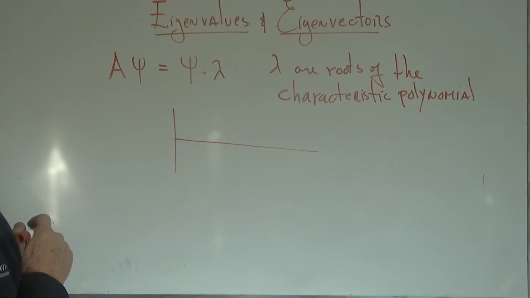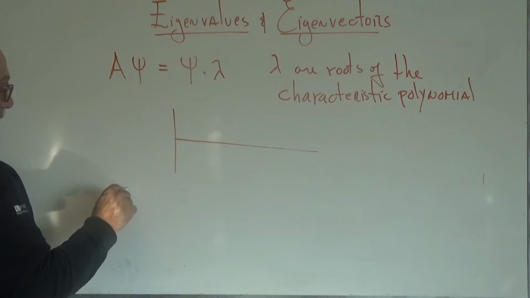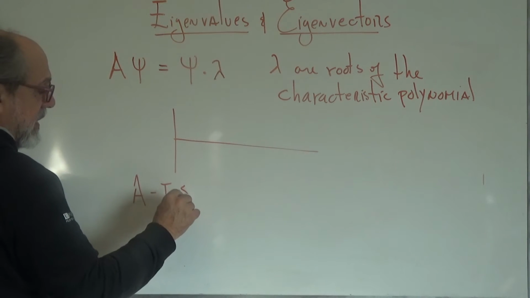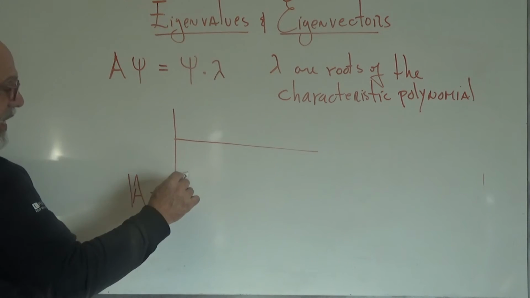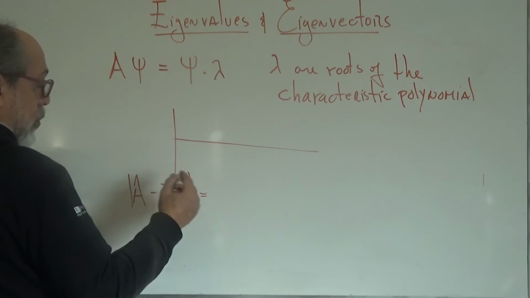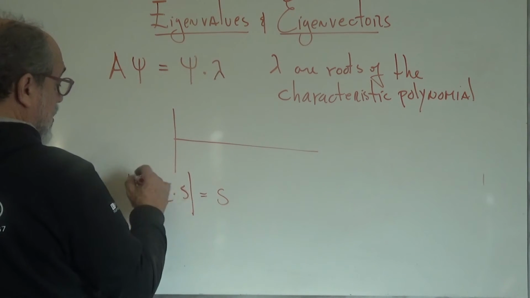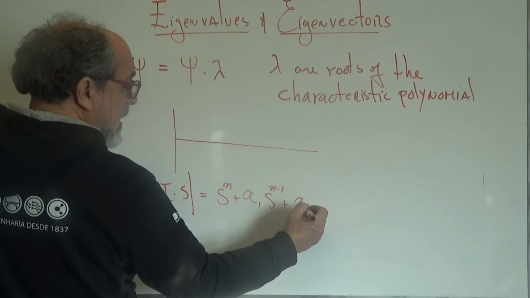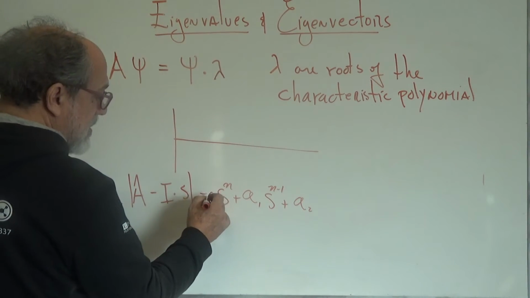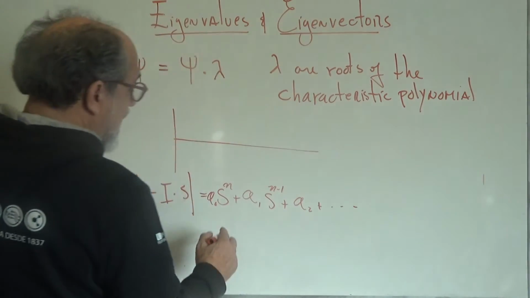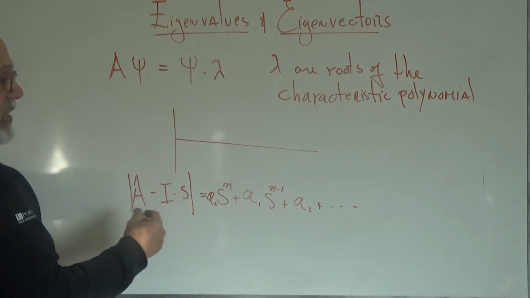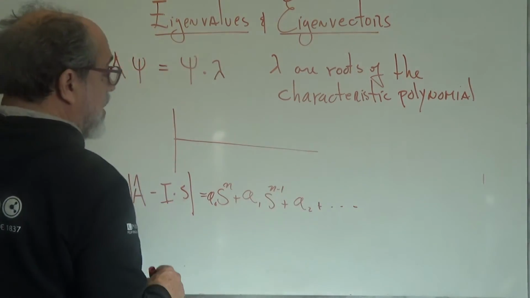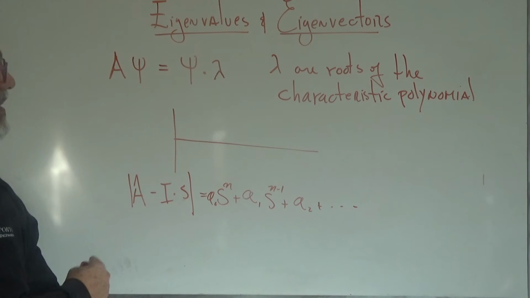So lambdas are the roots of the characteristic polynomial, and the characteristic polynomial is simply the polynomial of the determinant of s times the identity minus the matrix A. If you looked at that determinant, it would be like s to the n plus a1 s to the n minus 1 plus etc. There is some polynomial which is the calculation of this thing, and the roots of this polynomial, the values of s that make it equal to 0, are the eigenvalues.